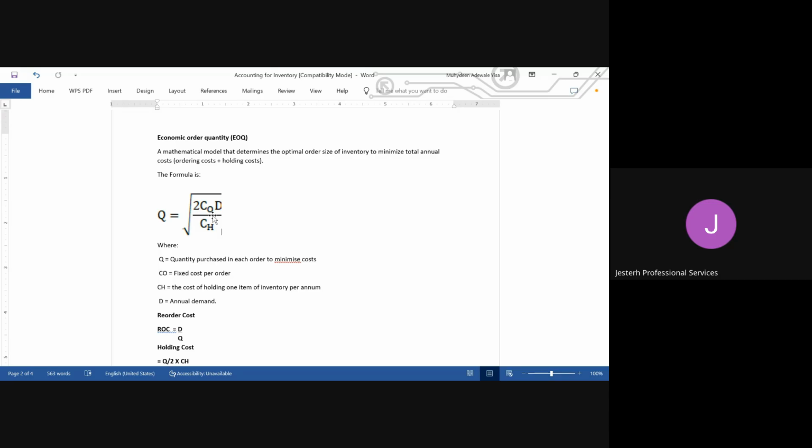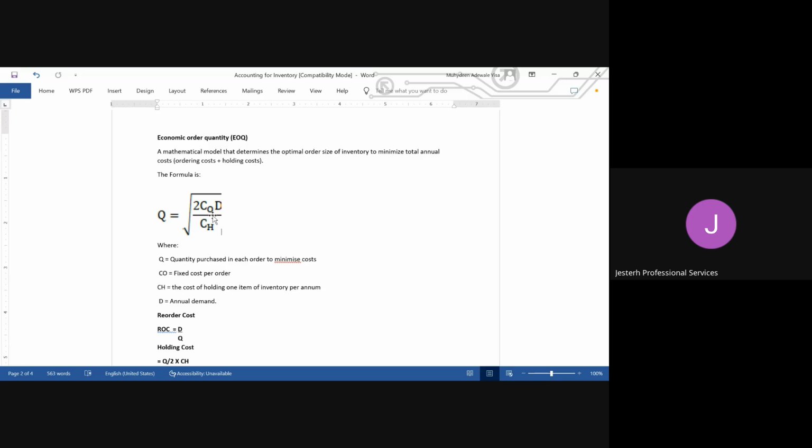And whatever that is fixed, it has to be fixed for a certain period of time. While the CH stands for the cost of holding the inventories per unit. It means for you bringing in every unit of inventories into your store, you are spending ₦1 to bring in 1 unit into the store or into your factory. That is what the CH stands for.